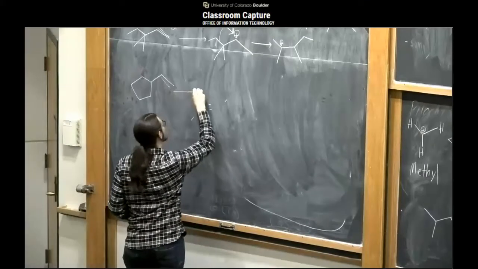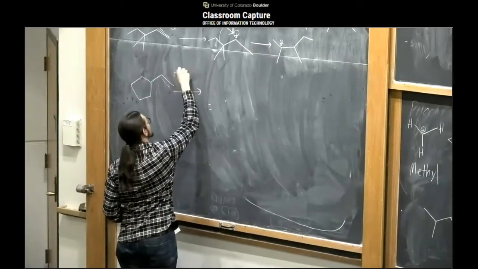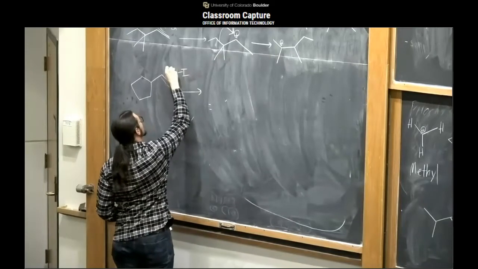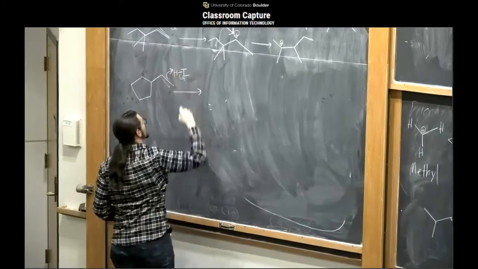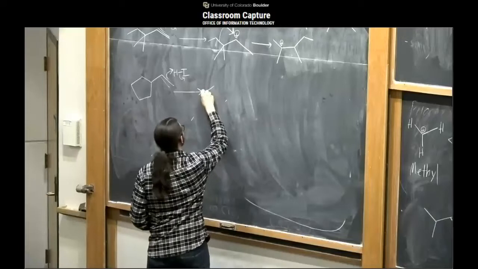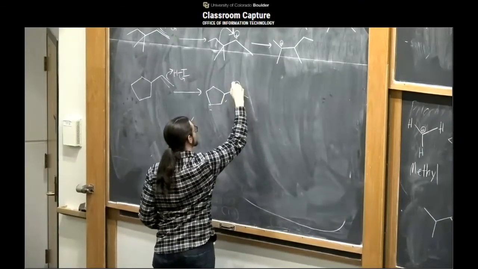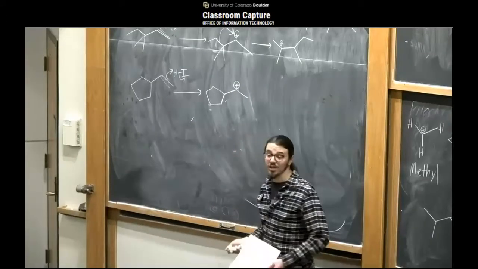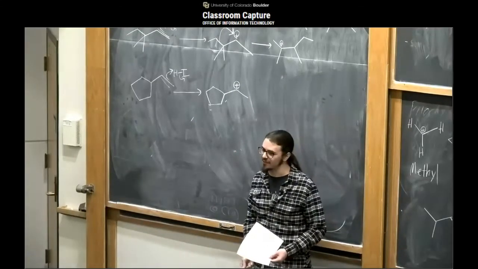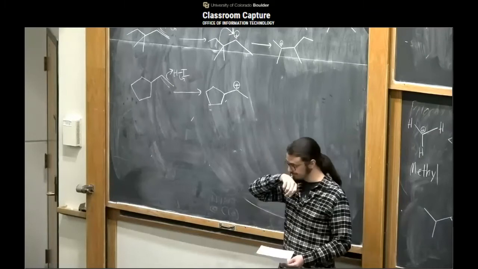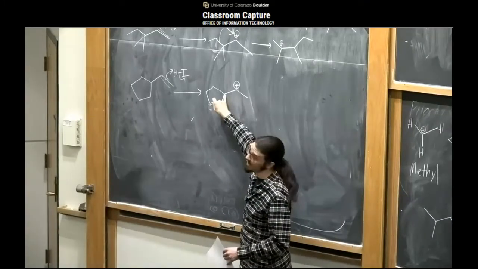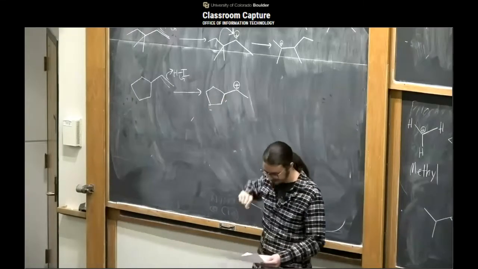So if we take the first step of the reaction again and generate a secondary carbocation, we could at this point just have a 1,2 hydride shift happen to generate a tertiary carbocation at that carbon right there.